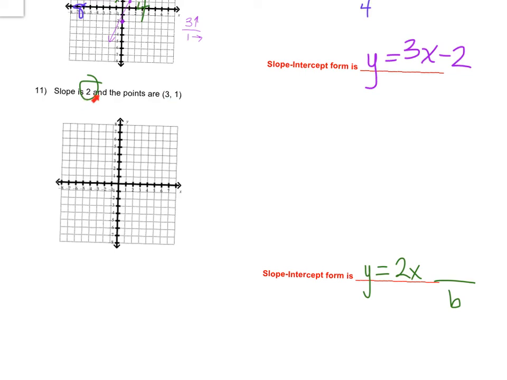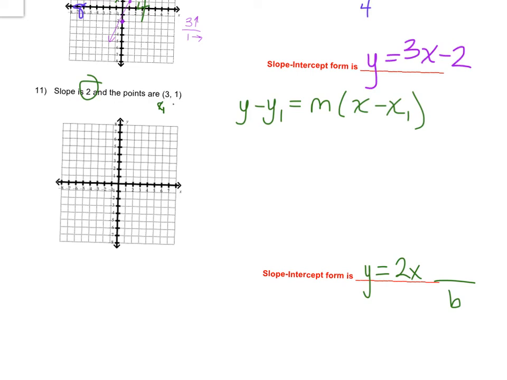So you use the point slope formula. What is the point slope? Y minus y1 equals m times x minus x1. Because I got the point that was given to me and I got the slope, that's the reason I use point slope. If you have a point and the slope, you use the point slope.